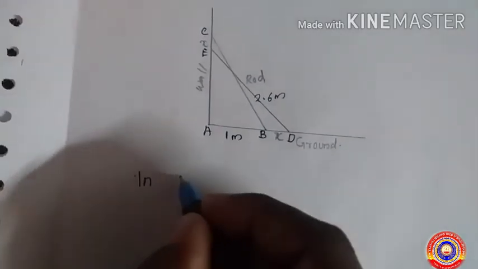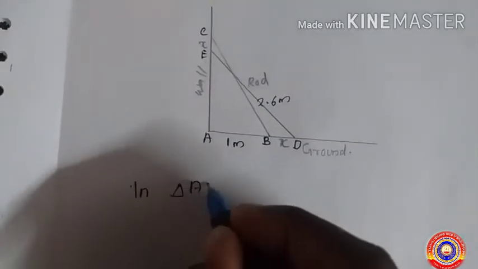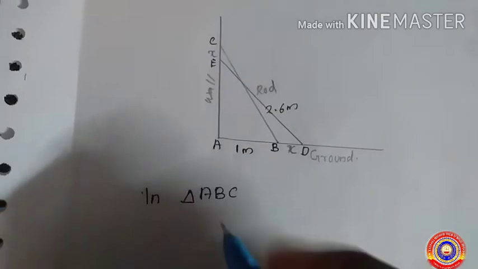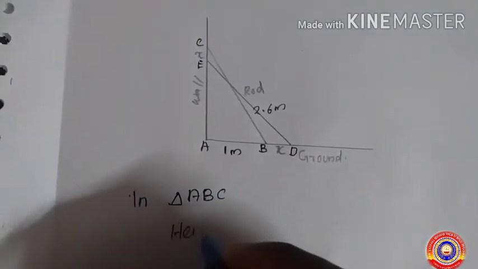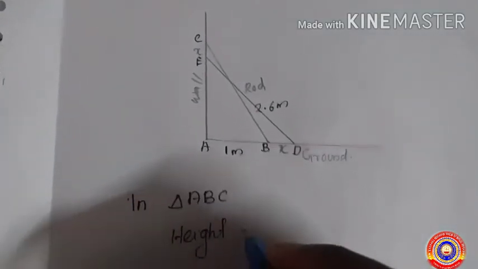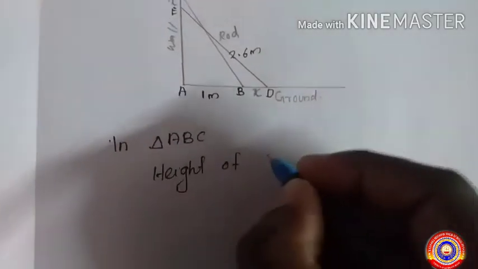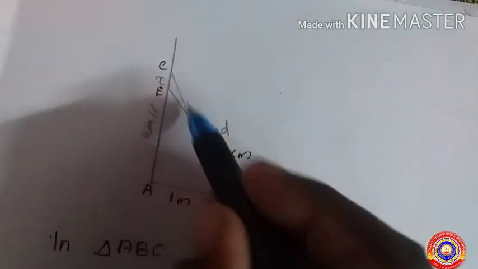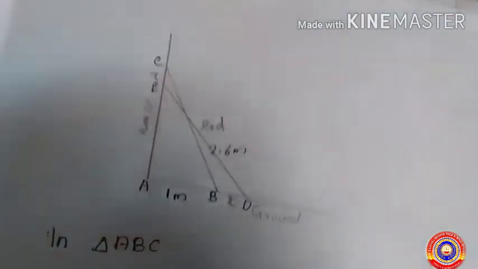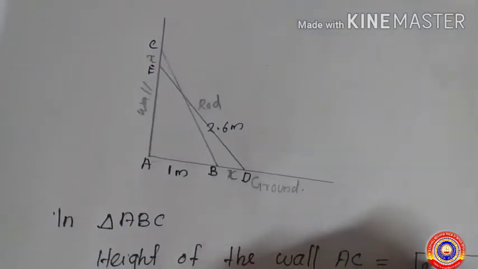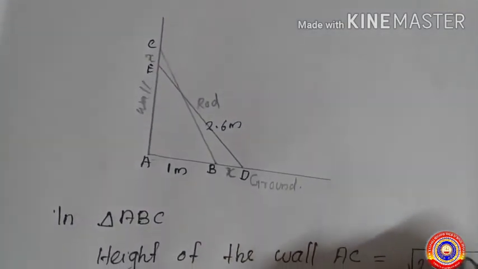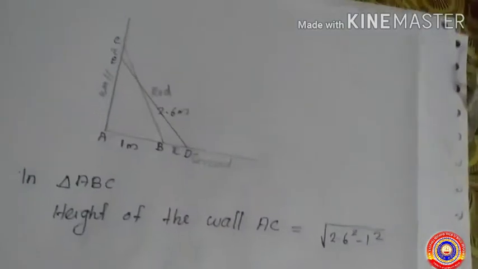So in triangle ABC, height of the wall AC equal to root of hypotenuse square minus base square, that is 2.6 the whole square minus 1 square.